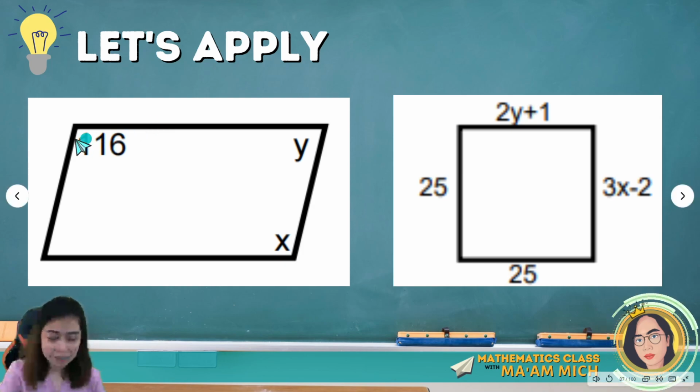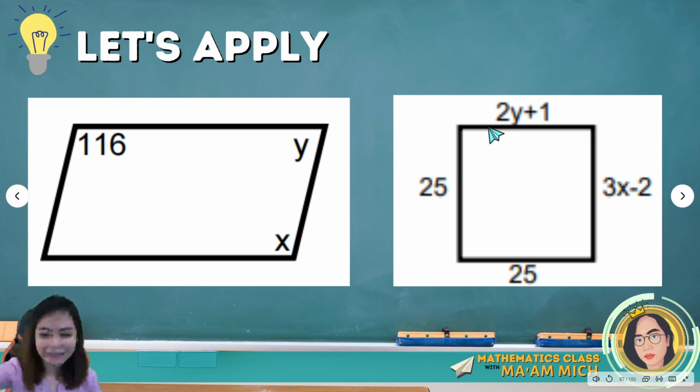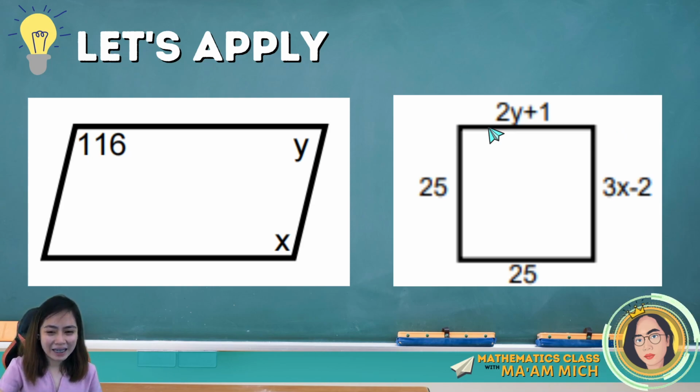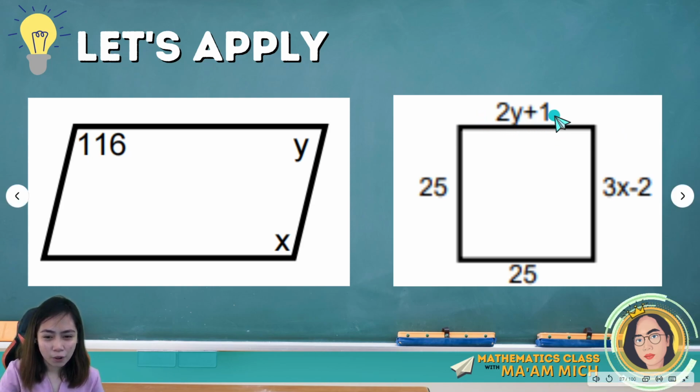What is the relationship of our given to the value of x and y, or angle x and angle y? How about this one? What is the relationship of this side to this side, this side to this side?